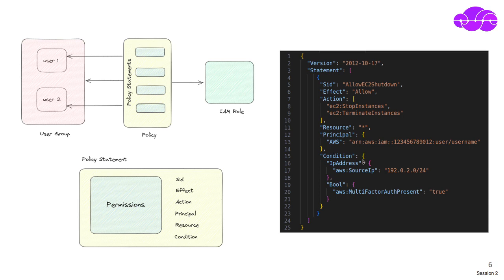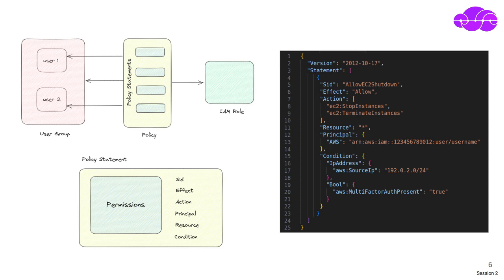and on the right hand side you'll see an example of a policy that I have. Essentially, the policy's name is what the SID is. It says allow EC2 shut down. The effect of this policy when applied to a user is it allows this permission to be applicable. So what is the permission? The actions are EC2 stop instance and terminate instance in this case, right? So the user or the role to which this policy is attached would be able to stop or terminate instances.